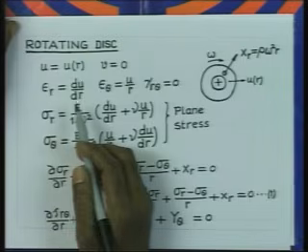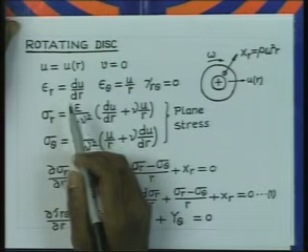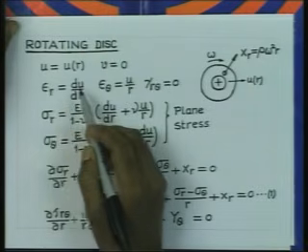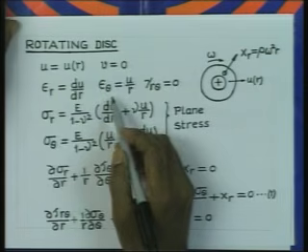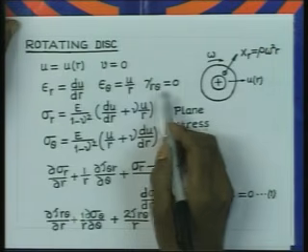And if we adopt the expressions for strains that we had got in the case of the thick cylinder, then we have epsilon r is equal to du dr, epsilon theta is equal to u by r, and the shear strain gamma r theta is equal to 0.